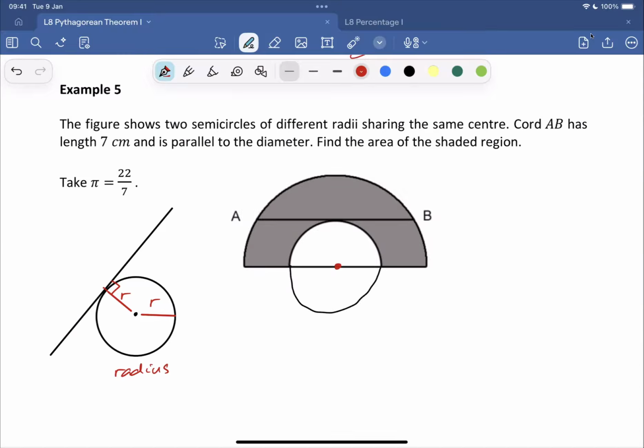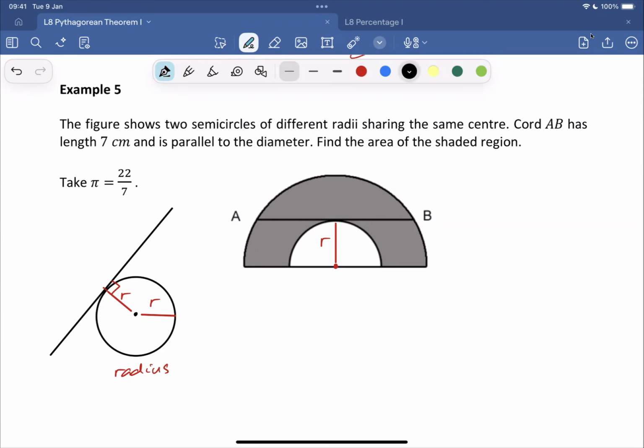Definitely. So let's just say that this is the center of the circle. If I were to draw a line from the center of the circle touching the circumference, what do you call this line? Radius. Correct, radius. So let's call it R. Since it is the small semicircle, I'm going to call it small r.